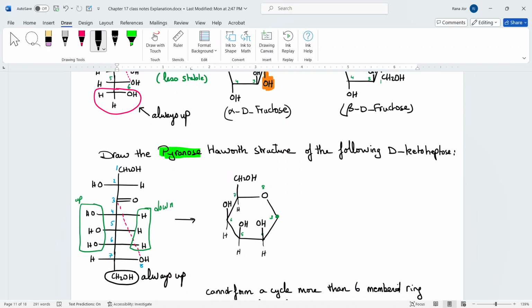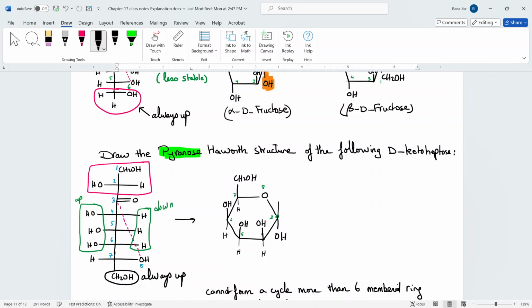And on carbon number 3, if you chose your OH to be down, then this whole group that you see over here is going to be up. Just draw it as is. Don't make it complicated.